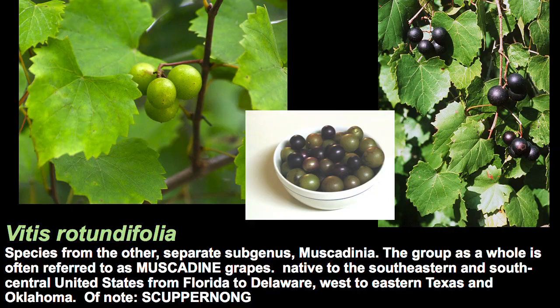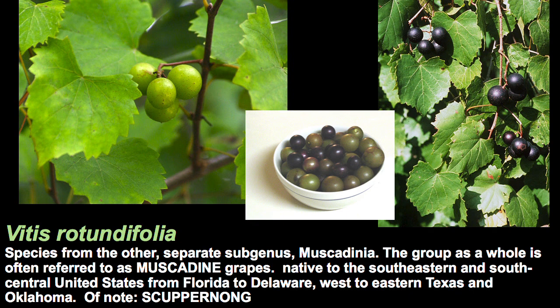Make sense? Now there's this other one that I've mentioned a couple times already called Vitis rotundifolia, and I bring it up mostly because it's super bizarre in that it's from the Muscadinia subgenus. Rotundifolia is fascinating to me because it has somehow maintained a presence in the southeastern United States despite all odds.